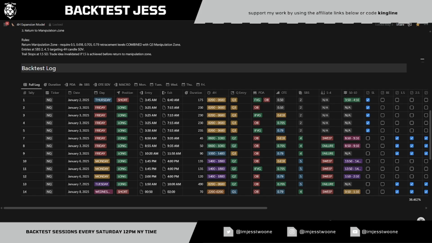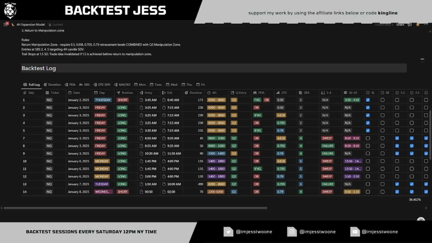We are focusing specifically on Q3 manipulations. We can take a trade out of or during any quarter. We just cannot take a trade that's originating from a Q1, Q2, Q4 manipulation zone, which you'll have an idea of if you click through the charts, or once we start moving through price action today, you'll see what I'm talking about.